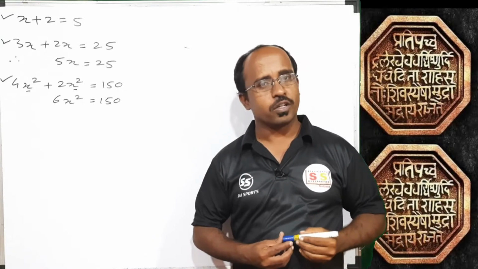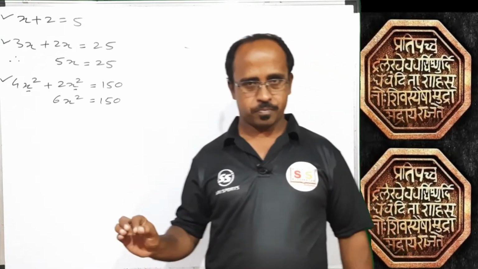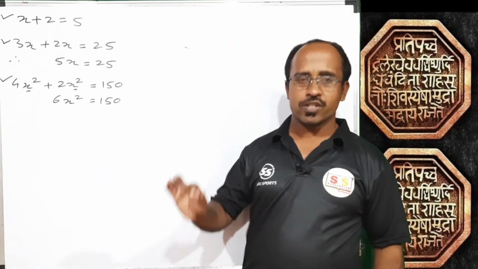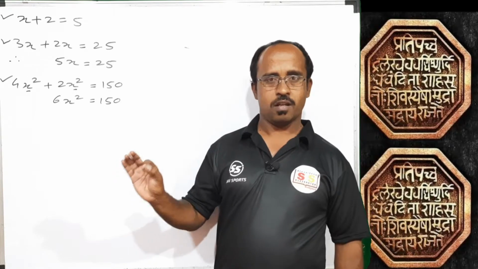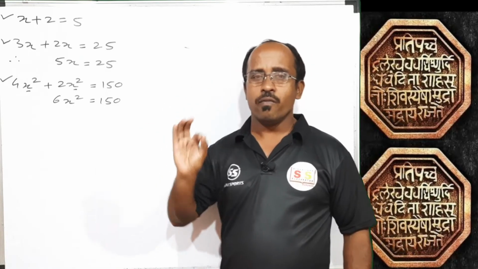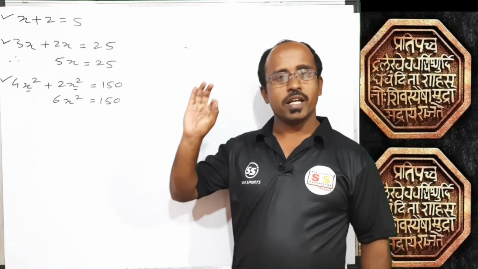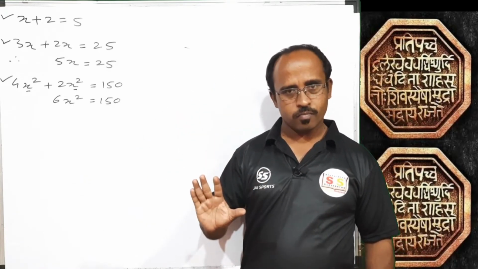So what is the concrete rule? The rule is, if in an equation there are variables with the same indices, we can call such a problem an equation in one variable. Okay, students?